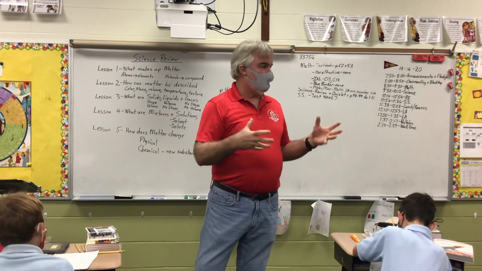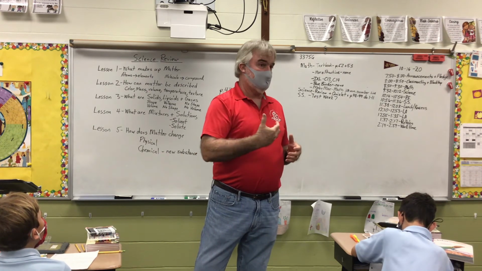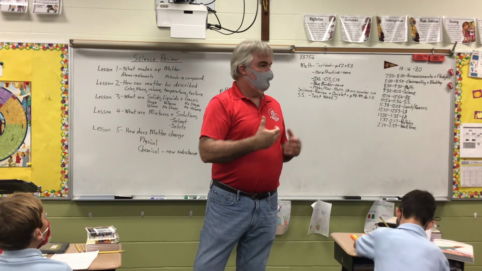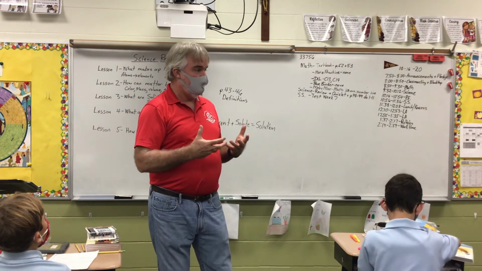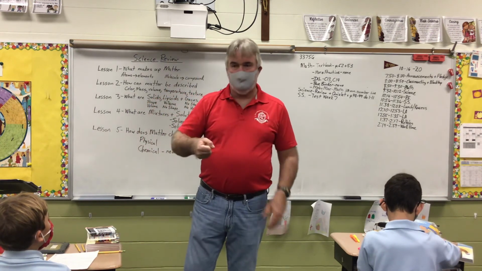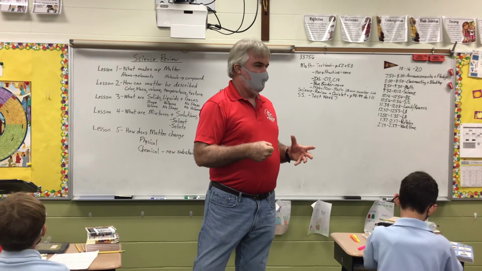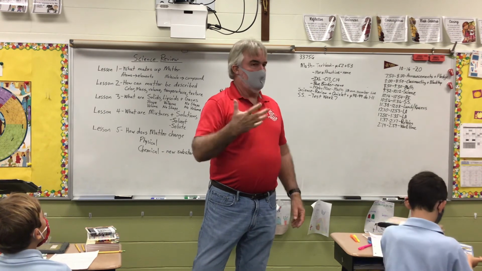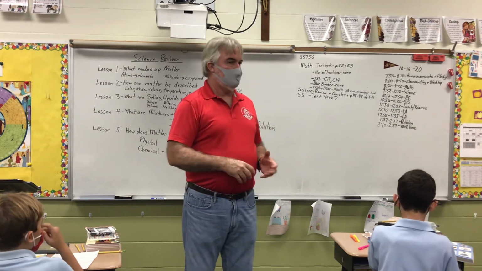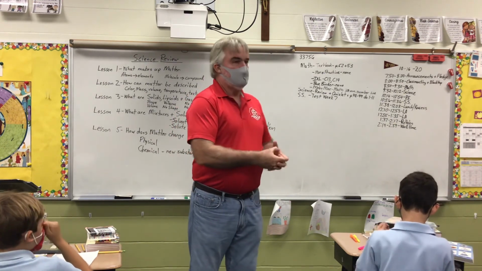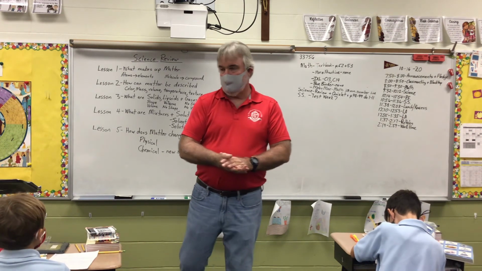Sure, they make it look decorative and everything else, but the main purpose is so it doesn't conduct the heat through it. Now, there are certain pans that we have at our house, they're cast iron, they're heavy, they're big, they're black, but that's the way they're built. And you have to put on a hot mitt or a glove, or take your dish towel and wrap it around it, so that the heat doesn't go through to your hands, okay?